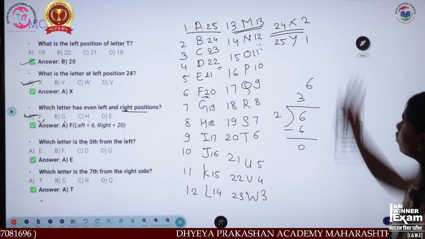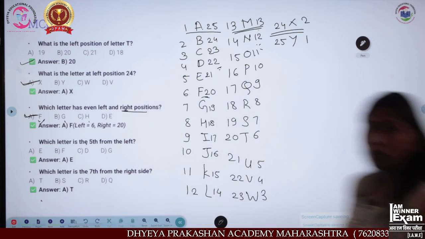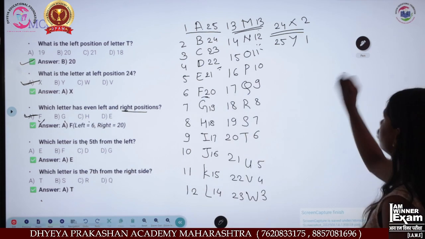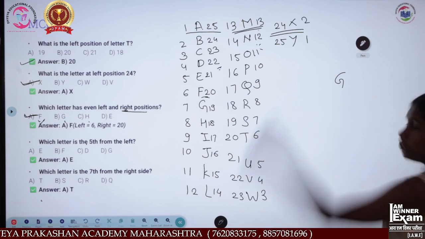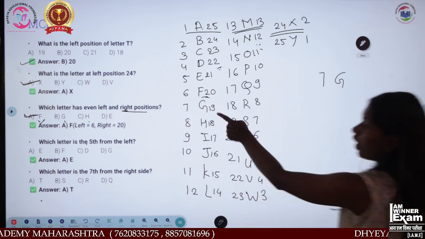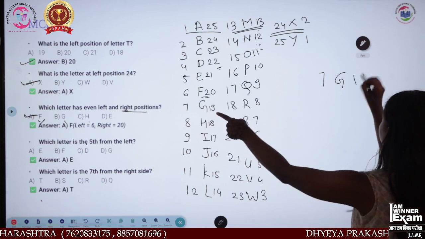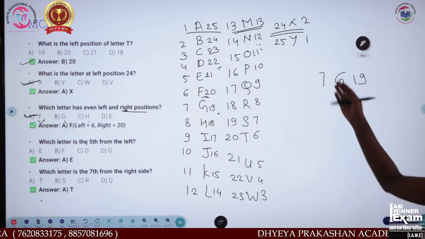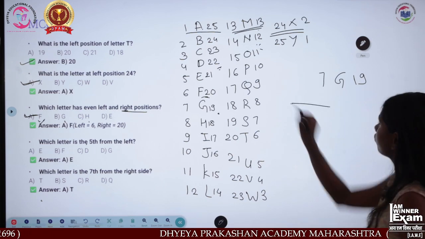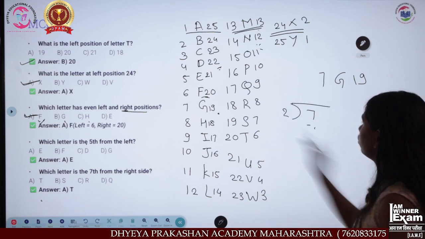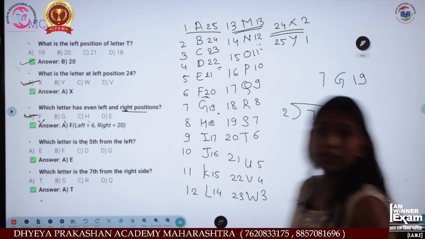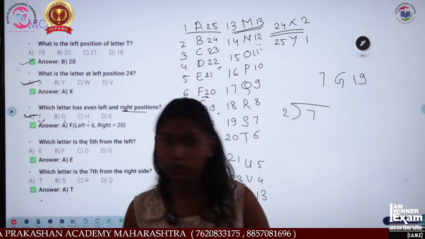Let's check the other options also. The second option we have is G. Now G has 7 on the left hand side and 19 on the right hand side. Let's check if 7 is divisible by 2 or not. In the 2's table there is 6, but there is no 7, right?